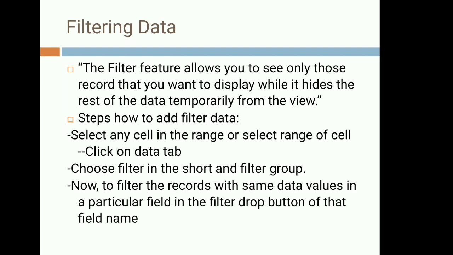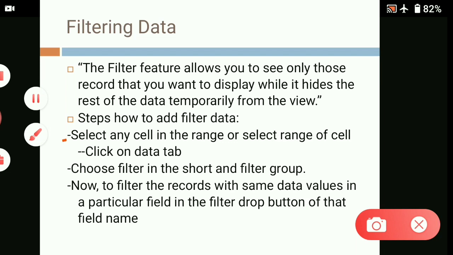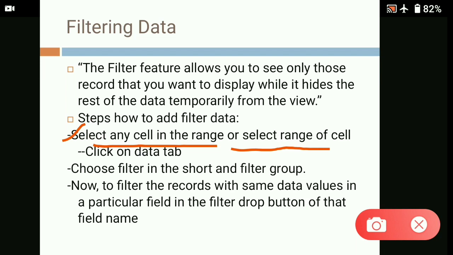For filtering the data, you have to follow these steps. Firstly, you have to select any cell in the range, or select a range of cells, then click on the data tab.